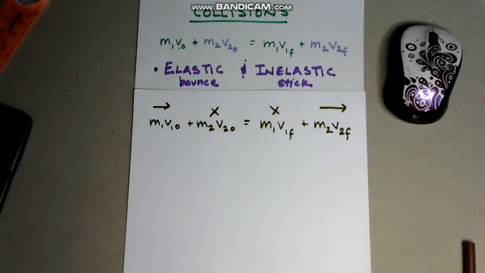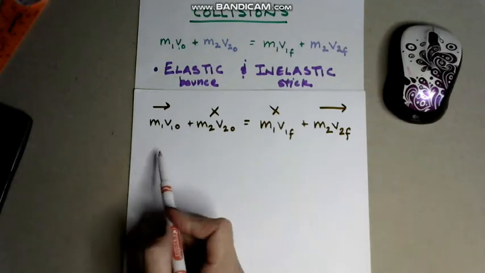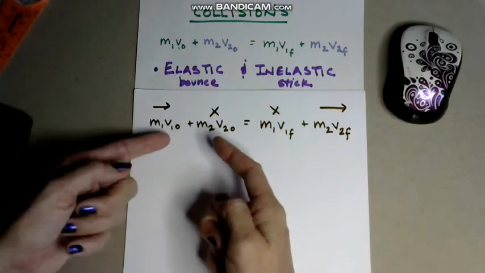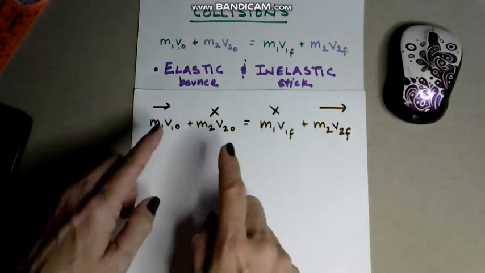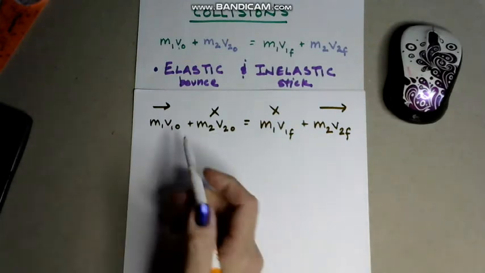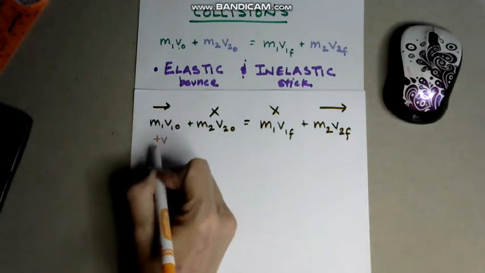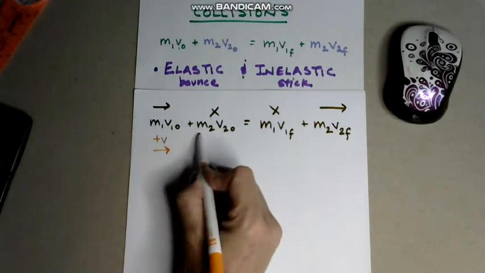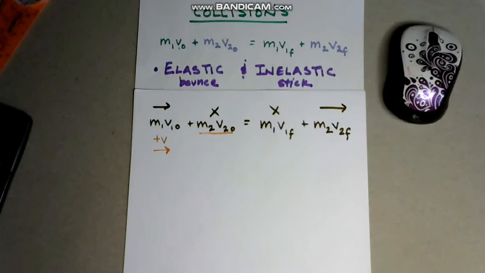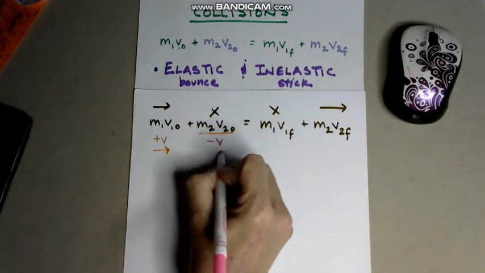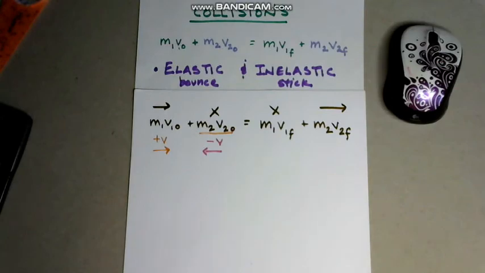One situation where it could be iffy is where you have two cars that are going to collide and bounce while moving in opposite directions. If you had something moving with a positive velocity, which you call to the right, and this object was moving to the left, you would need to make sure that you made that a negative velocity.